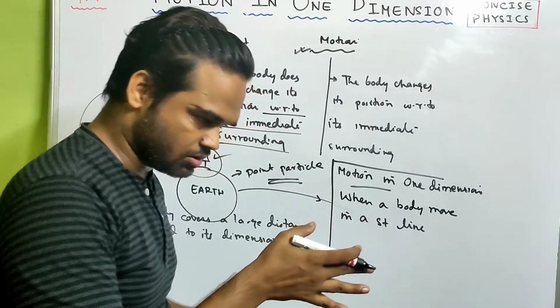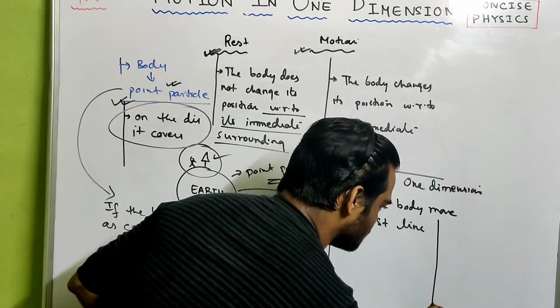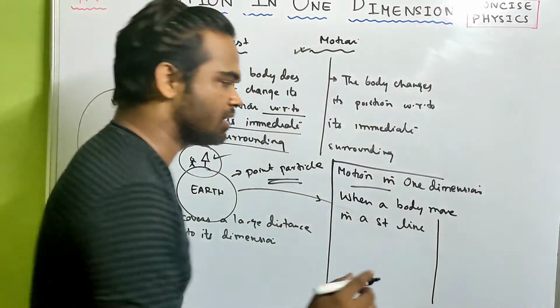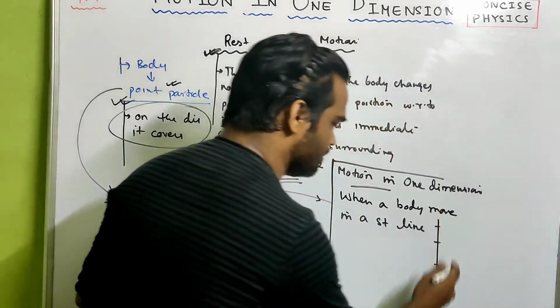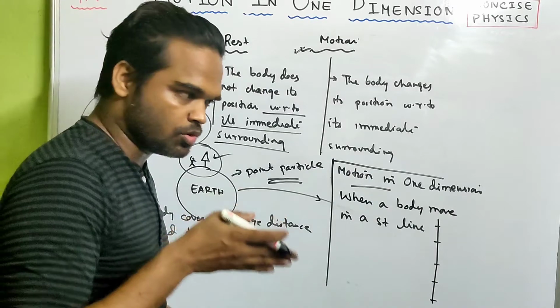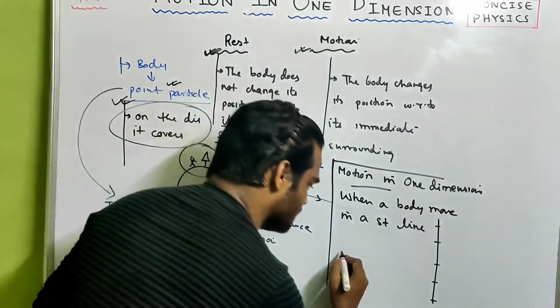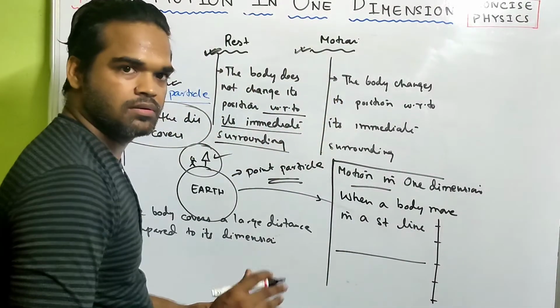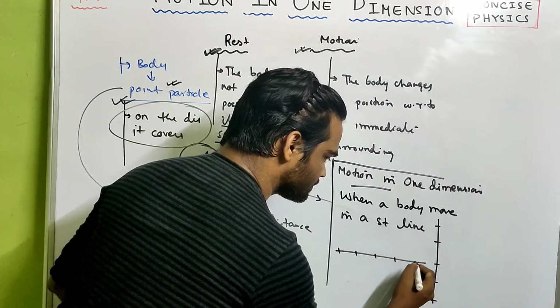For example, when this marker fell down, the motion of this marker can be represented by the y-axis at different times. Suppose a train is moving in a straight path, then the motion of the train can be traced with the help of the x-axis, isn't it?